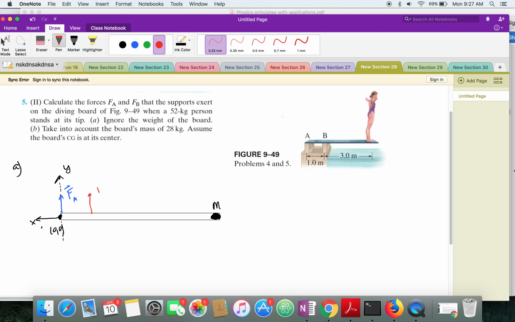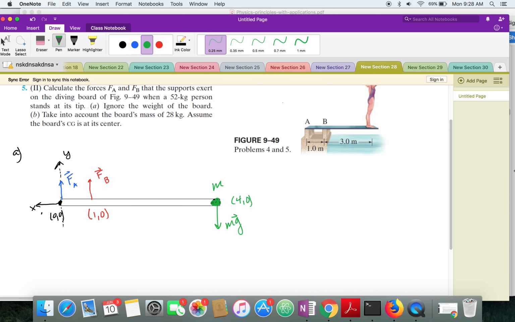This point is (1, 0). And the diver, I'll make her mass green. Her weight is going down like that, mg, and her coordinate point is (4, 0). So this is the situation that we have here.